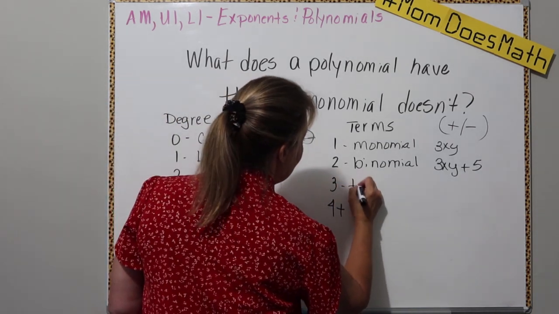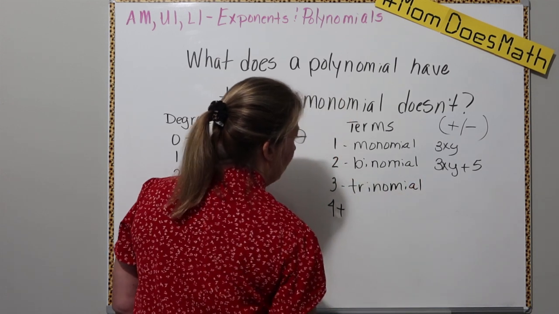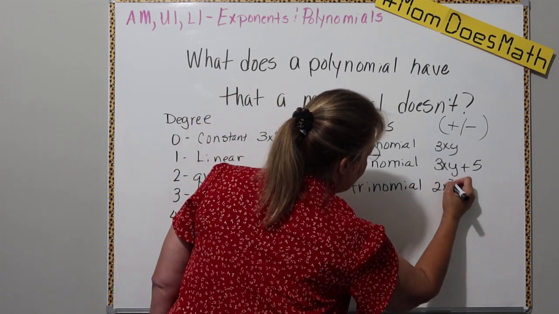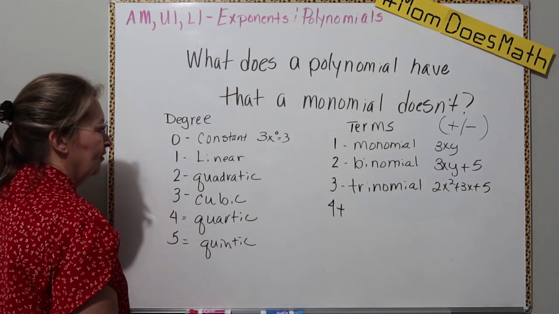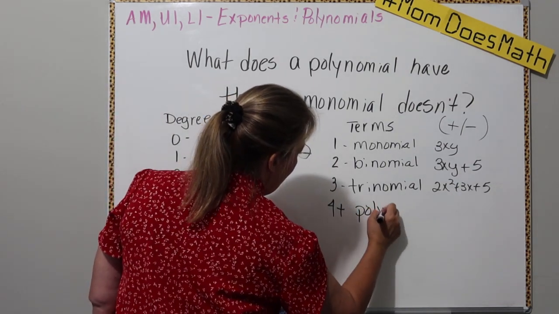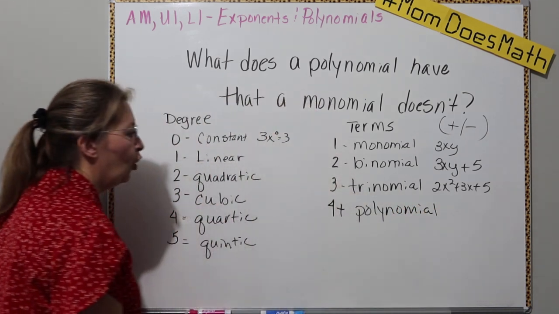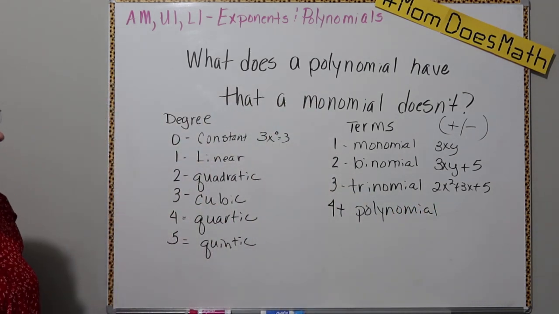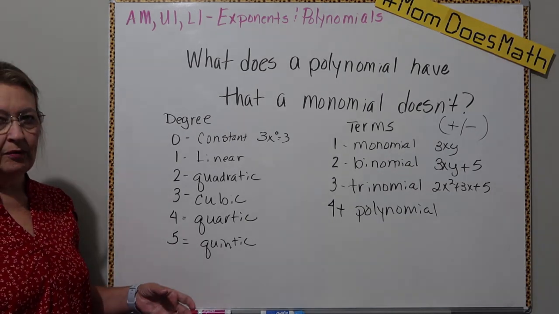If it's 3, there comes your trinomial. 2x squared plus 3x plus 5 would be an example of that. If there are 4 or more terms, we just call it a polynomial. 4 or more, okay?